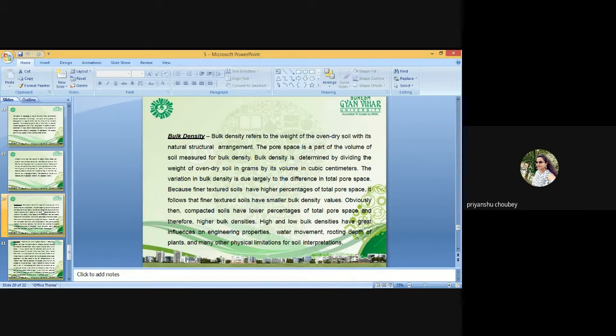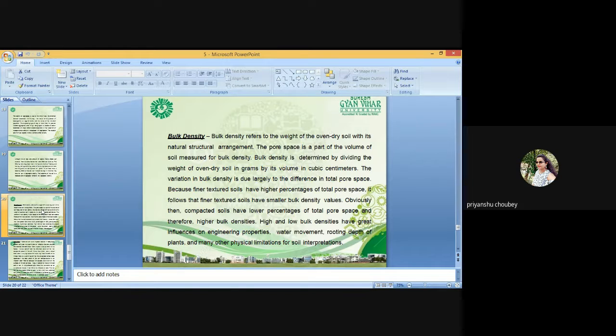Usually pores larger than 0.06 mm in diameter are considered macropores, water conducting, and those smaller are called micropores. Micropores are water retaining, also called capillary pores.